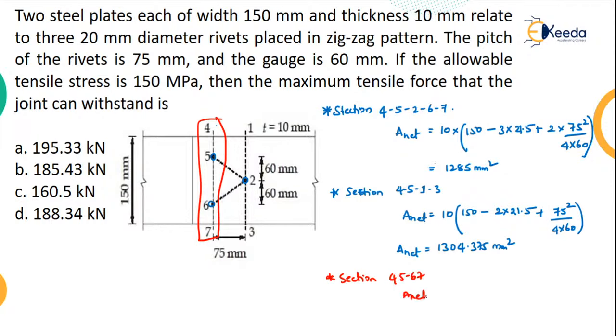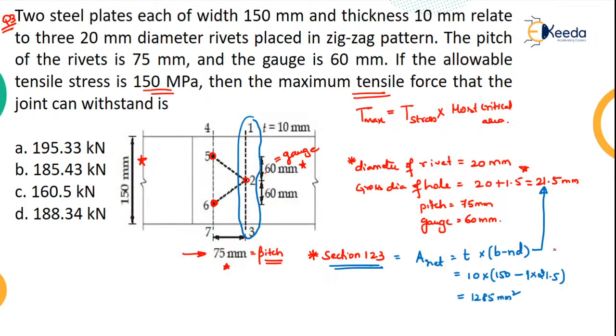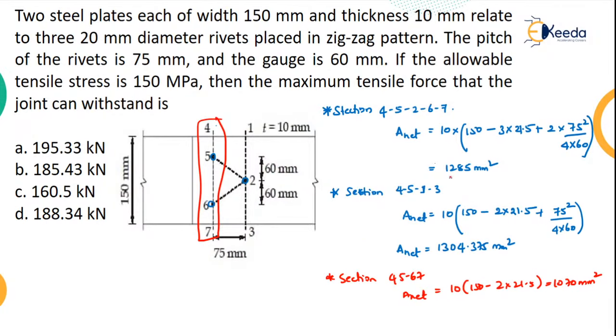So what will be your net area? 10 into 150 minus 2 times 21.5. That will be equal to 1070 mm square. Now, whichever area you're getting the least will be the most critical. Okay, so this is 1285, 1285. This is also 1285.